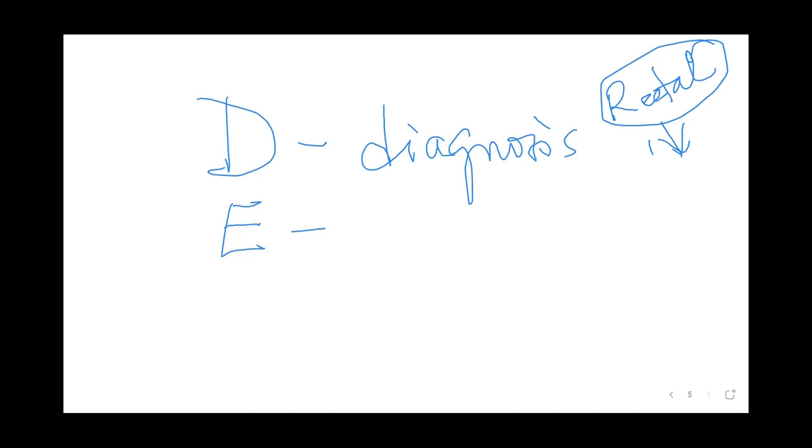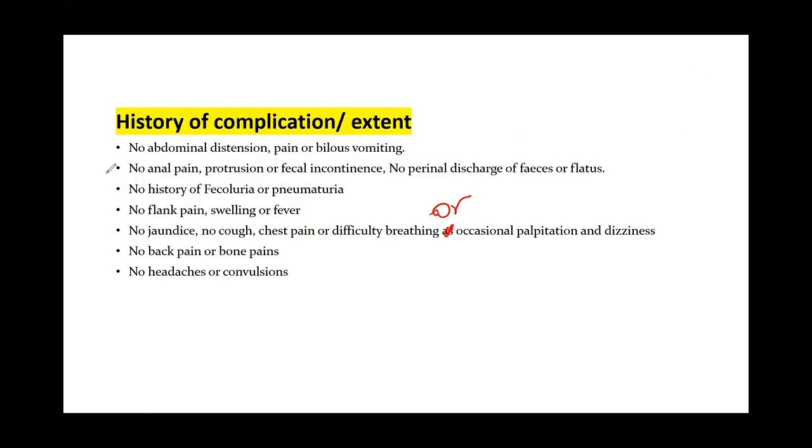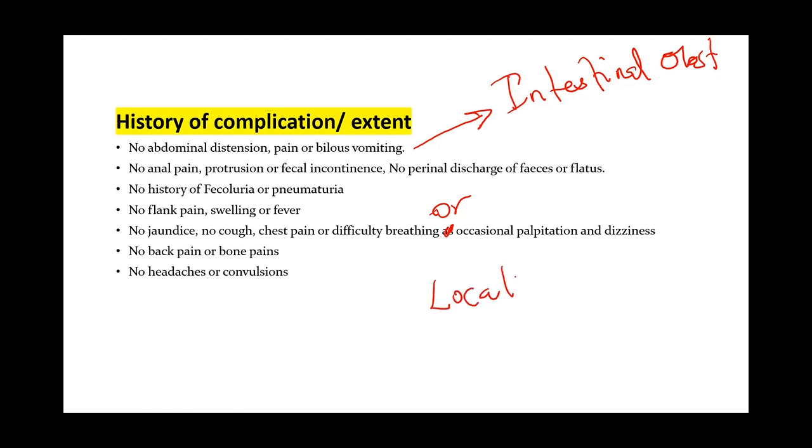So let's go back to the history of presenting complaint. No abdominal distension, pain, or bilious vomiting. These are features of what? Intestinal obstruction. Why am I starting with this? We said extent is local, and when we say local, it is the bowel itself.